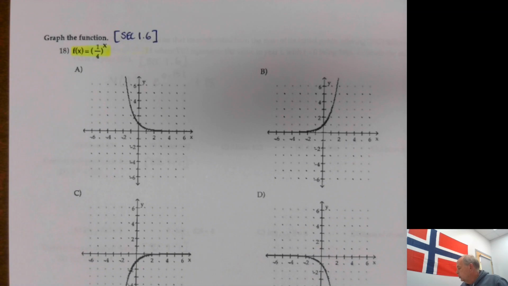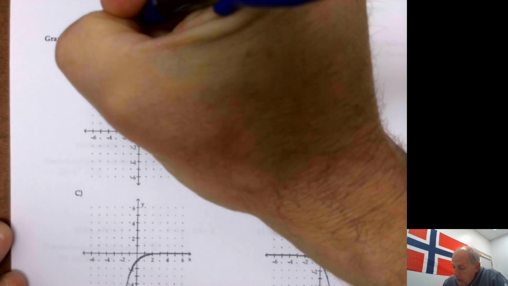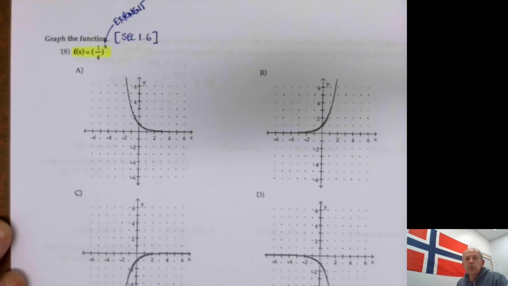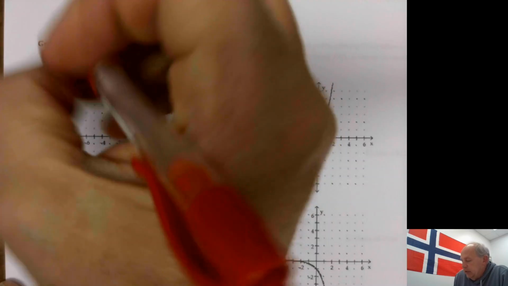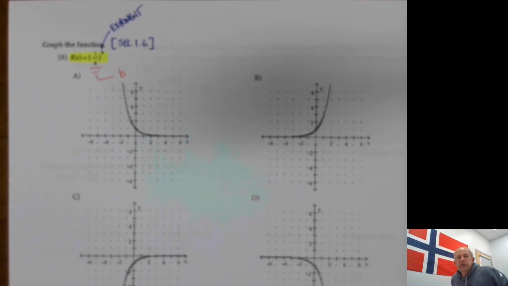Here we get into exponential models. And here we have x as an exponent. That tells me I'm either going to have exponential growth or exponential decay. And that's dictated and determined by my b value, the base.